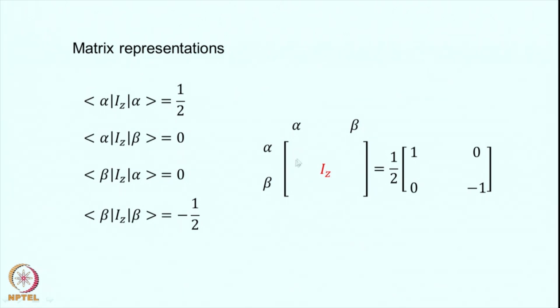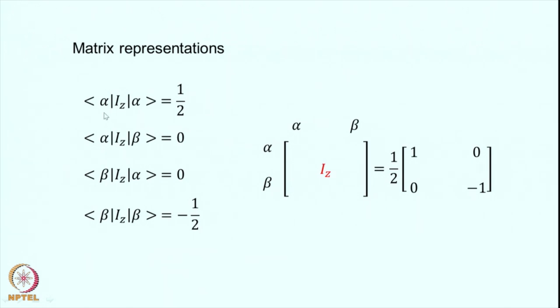This is called the matrix representation of the Iz operator in the basis set of the 2 states alpha and beta. These form the ket individually and these form the bra individually, once alpha and once beta. Therefore, I have a 2 by 2 matrix here.